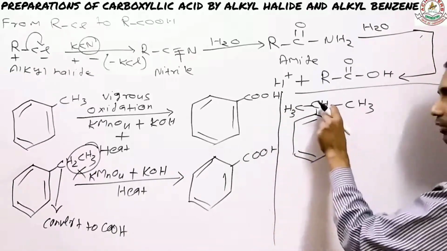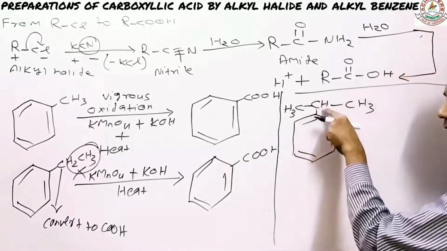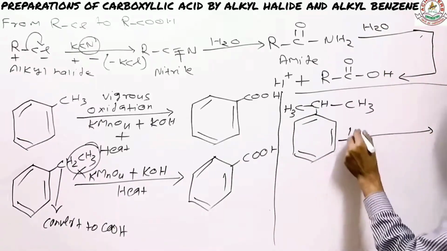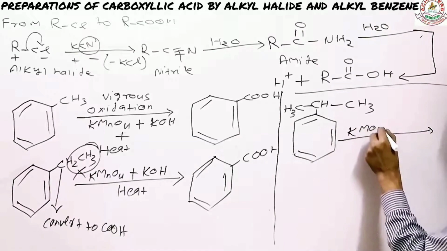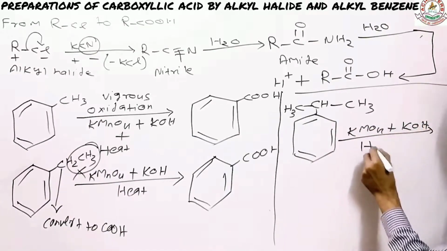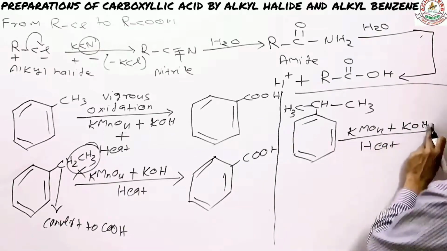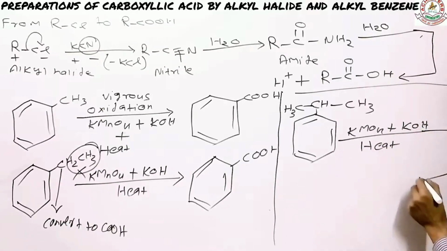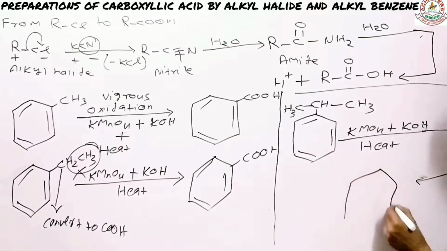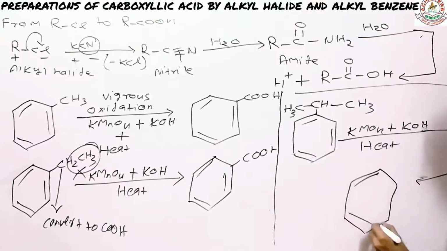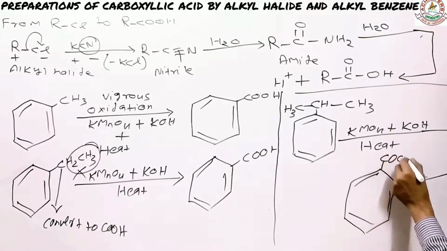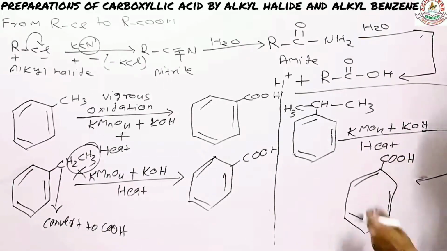Now this is a secondary carbon, but it still has a hydrogen. If you react it with potassium permanganate, KMnO4, along with potassium hydroxide, and you put some heat through the system, this will again convert into benzoic acid, COOH. This is what happens.